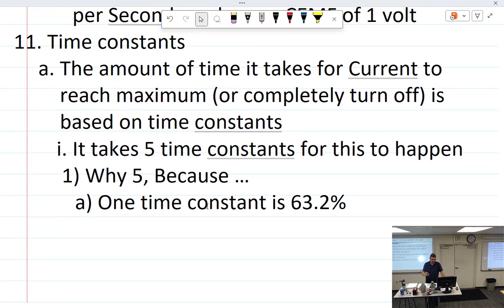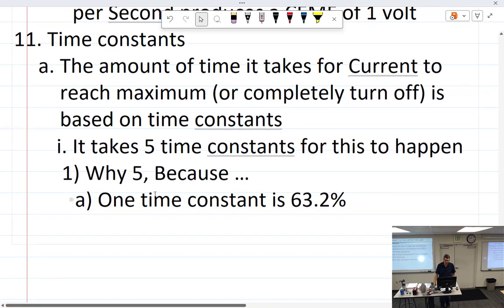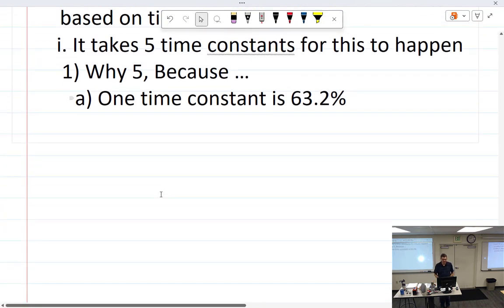Because it takes time for current to build up. If it takes time for current to build up, the voltage will be in front of the amps, which will cause them to be out of phase.